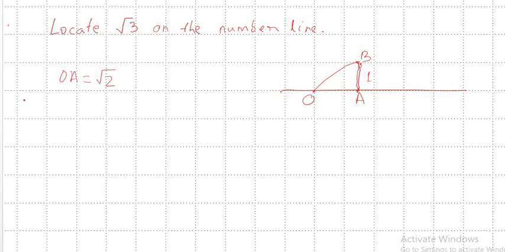Now first we will take root 2 as OA and AB as 1 unit. Next, as shown in the figure, this is the assumed value we have taken.